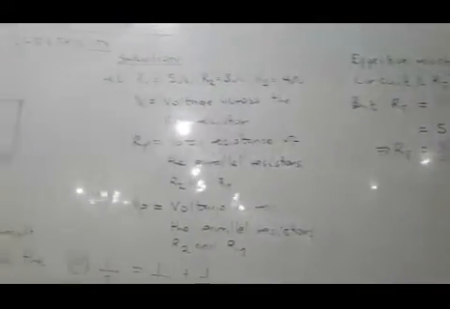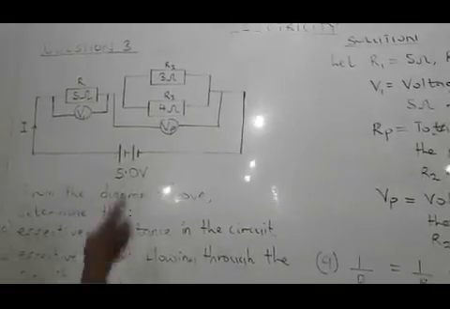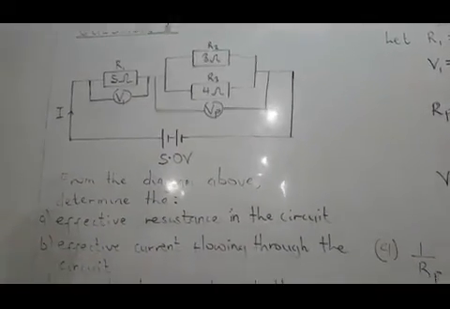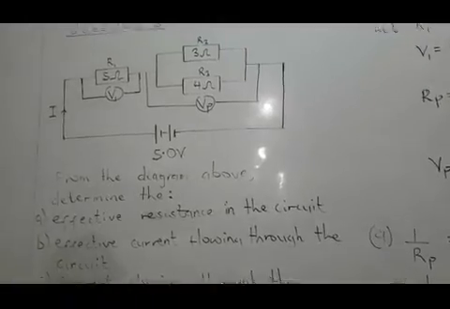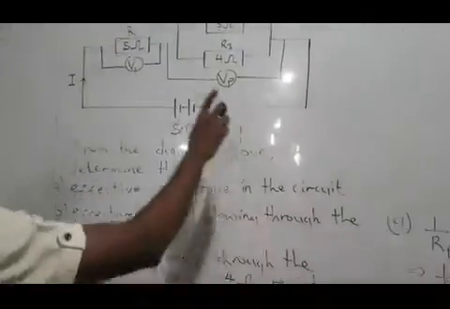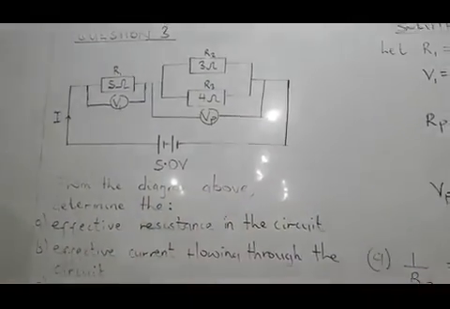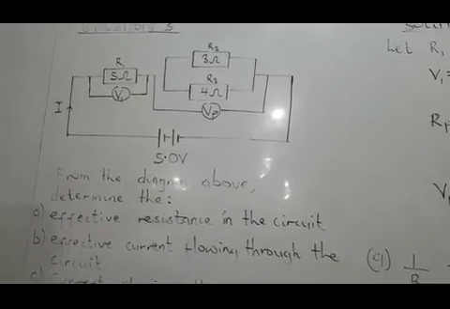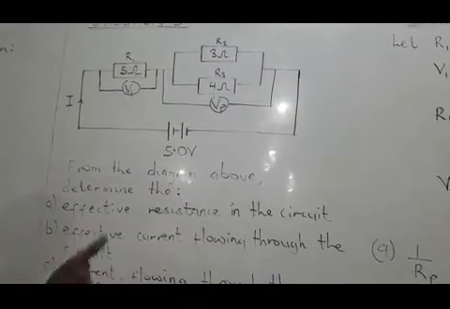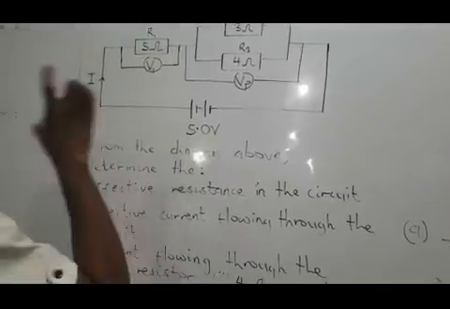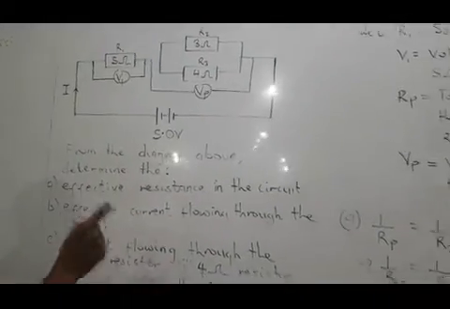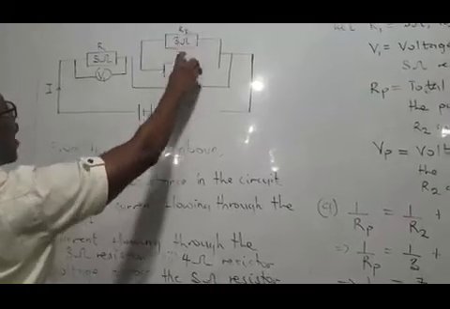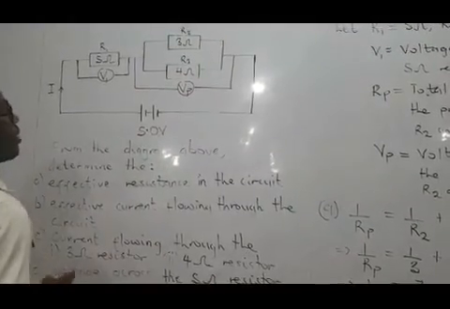A quick recap here. This is very important because it is a special case involving both series and parallel connection. When you have resistors connected in such a way that there is both parallel and series connection, first of all, look for the total resistance of the resistors connected in parallel. In this diagram, R2 and R3 are the resistors in parallel connection.